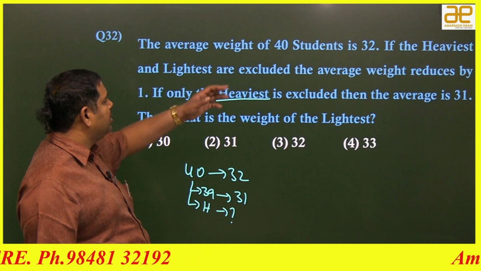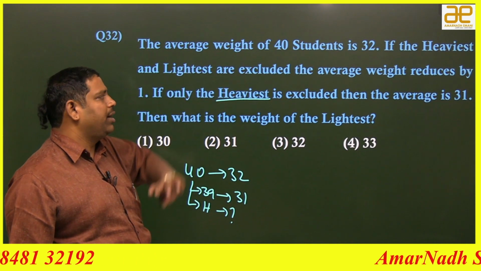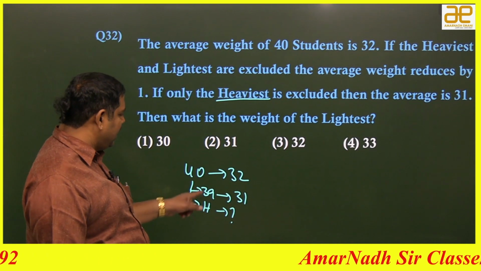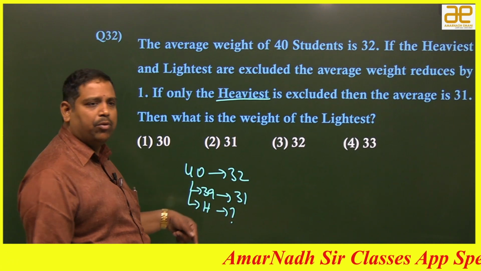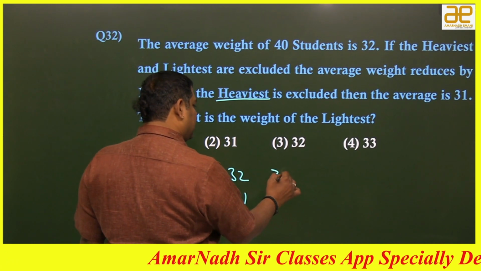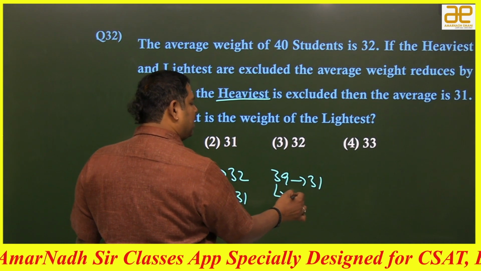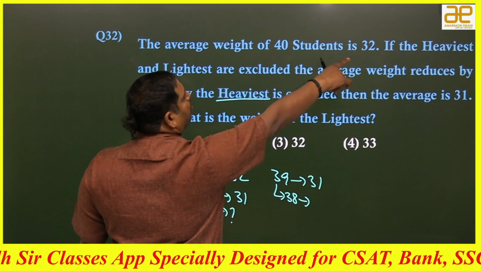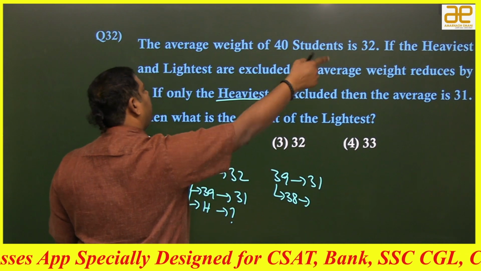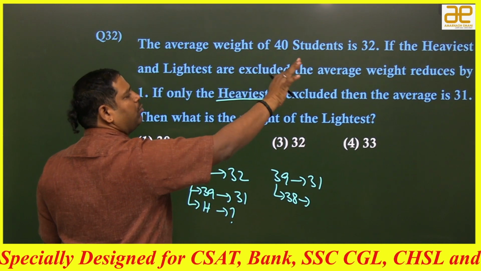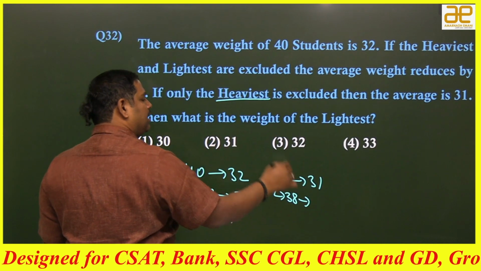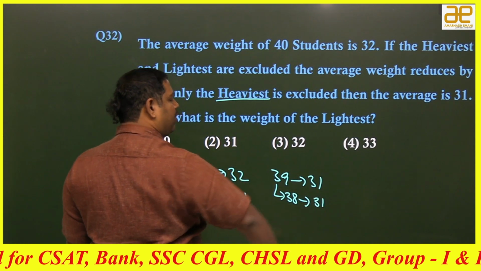Next statement, observe this. If the heaviest and lightest are excluded, means again from this one more member will be removed. 39 observations are there. Their average is 31. Now one more member left, 38 members. So average of 40 students is 32. If heaviest and lightest both are excluded, then the average is reduced by 1, means 32 minus 1 means 31 only.